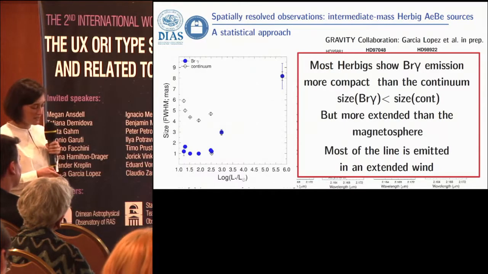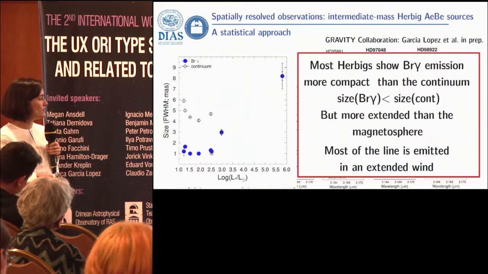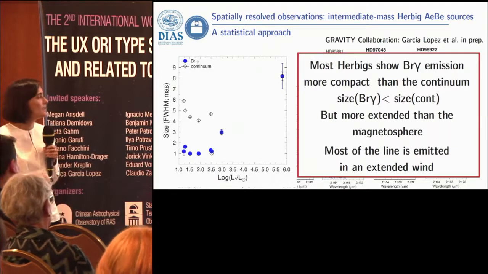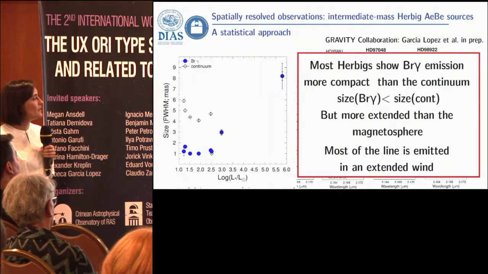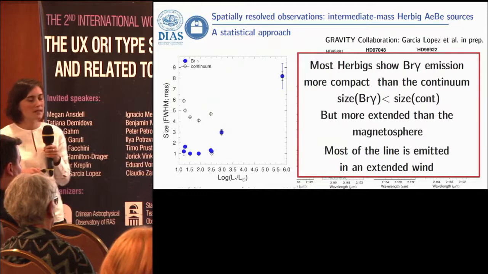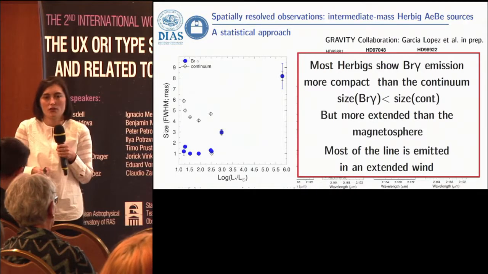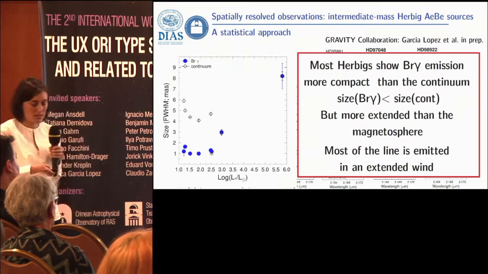In any case, for the objects where we resolve the Brackett gamma line, the size that we derive is much bigger than the expected size for the magnetosphere, because the magnetosphere is a point source in the case of the Herbig Ae/Be stars.